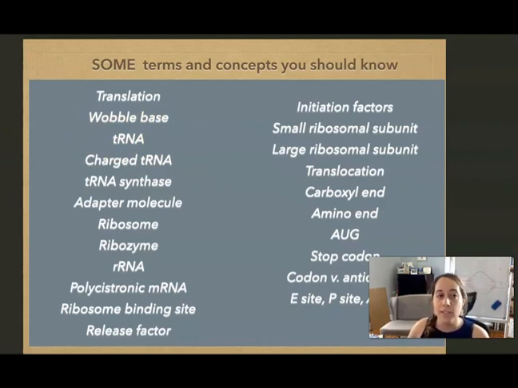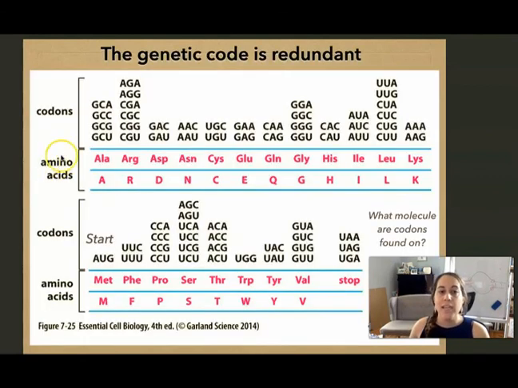So a wobble base is the third base in a triplet, and you'll notice, for example, if we just look at alanine here, the codons that code for alanine all start with the same sequence, but the third nucleotide can be anything. So if you have a G and a C, it doesn't matter what the third nucleotide is in the codon, we're going to get alanine.